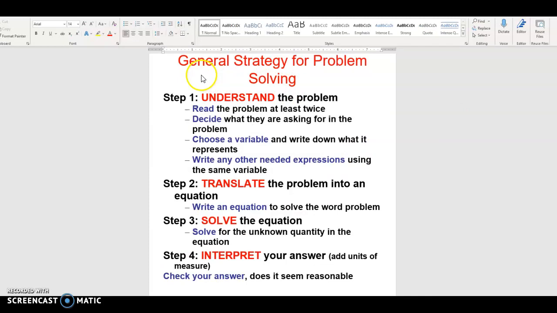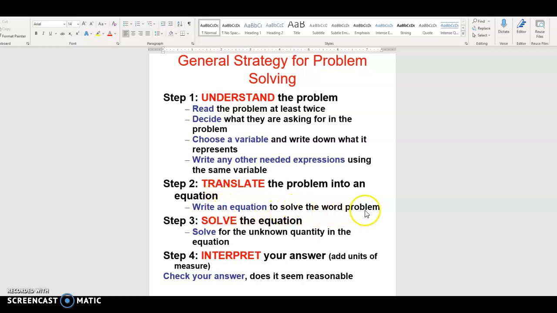Back in the prior section, we already talked about the general strategy for problem solving. You basically have to understand the problem, and these are some of the things I tell students to always do: read the problem at least twice, decide what they're asking for, choose a variable and write down what it represents. It doesn't matter which variable you use, just be consistent. Write any other needed expressions using the same variable. Then translate the problem to an equation.